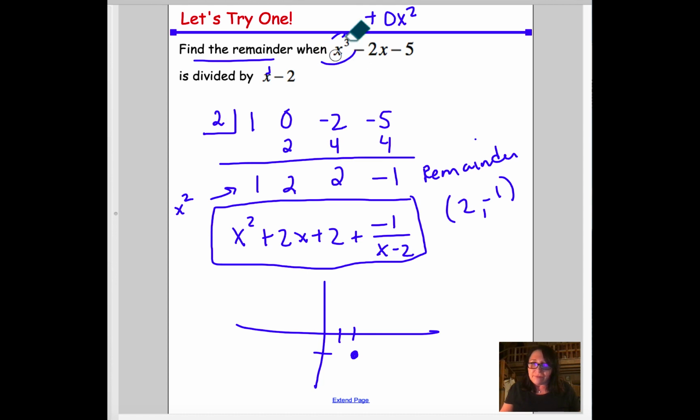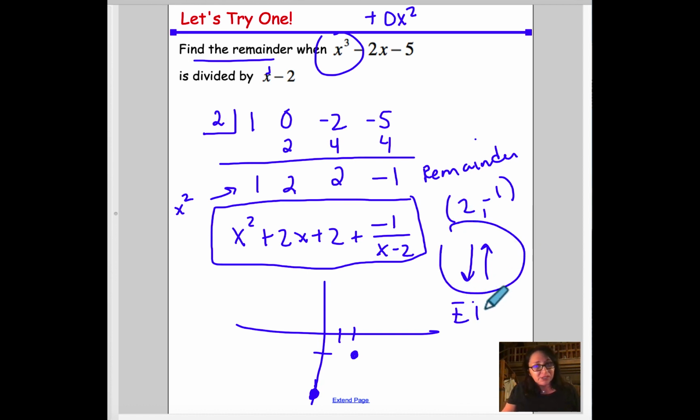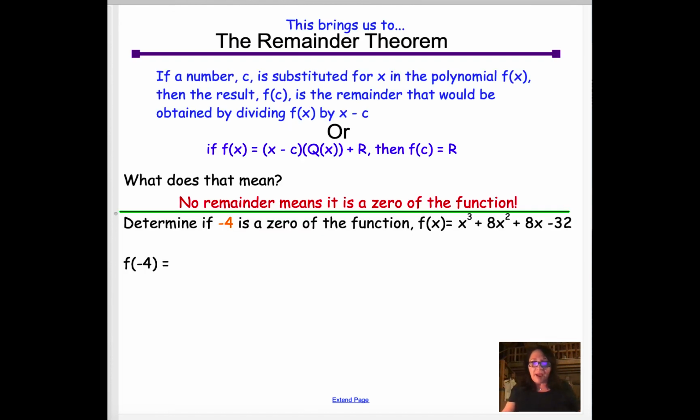So I would actually use my calculator for this, and I'm going to do that right now. Okay, so I'm going to say negative 4 to the 3rd power, and I'm going to add 8 times negative 4 squared, and I'm going to subtract 32, and then subtract 32, and I end up getting 0.